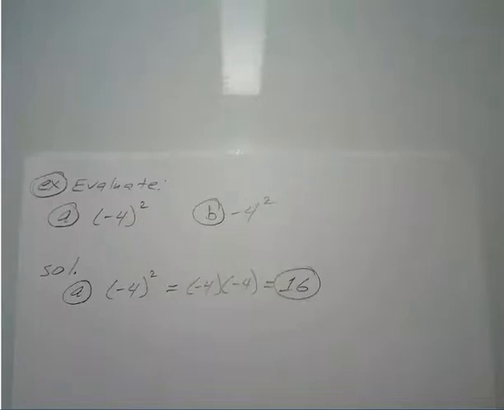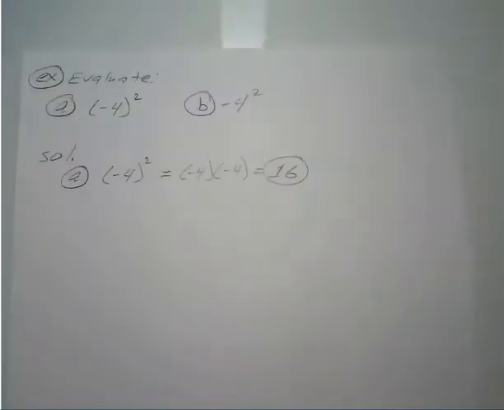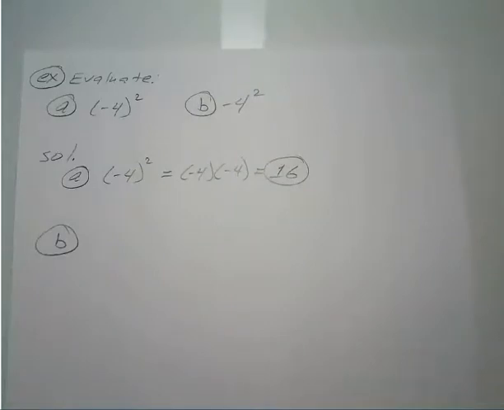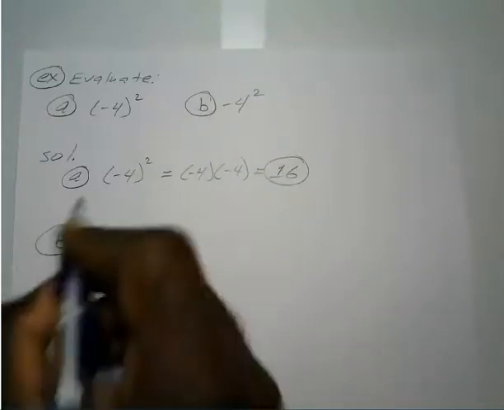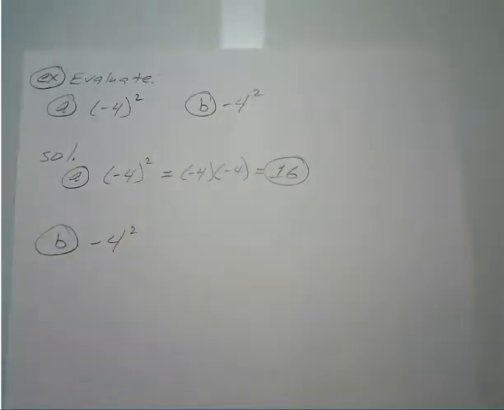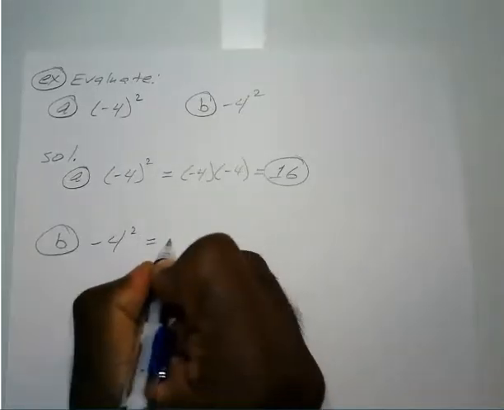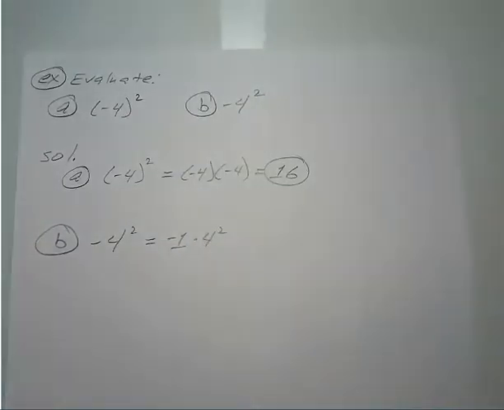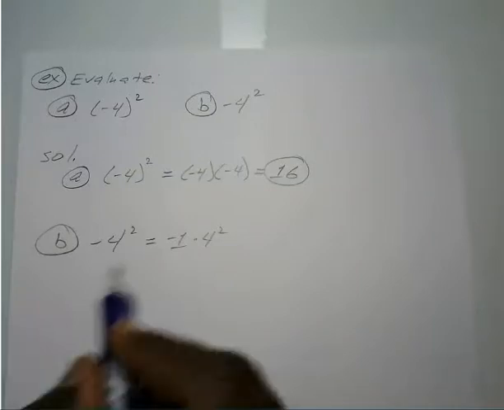All right, now for problem B, because you don't have parentheses, you're going to approach that one a little bit differently. You have -4 squared. That's just like saying -1 times 4 squared. So as you can see, your answer will be a little different.